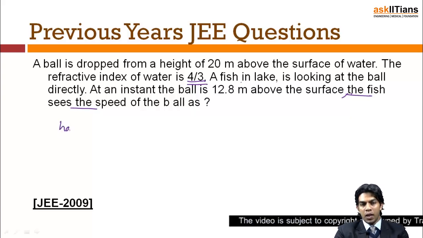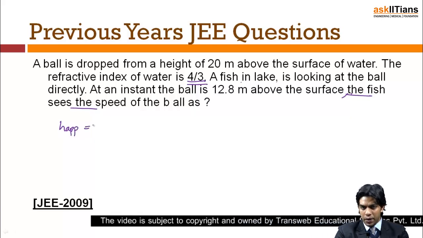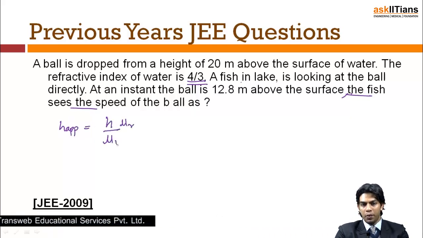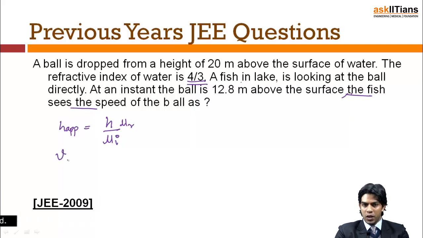So I know that the apparent height is equal to the height times mu r divided by mu i. So the velocity with which the object appears to be moving will be the velocity of the object times mu i by mu r.